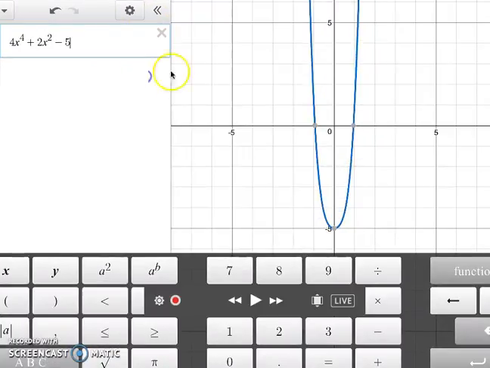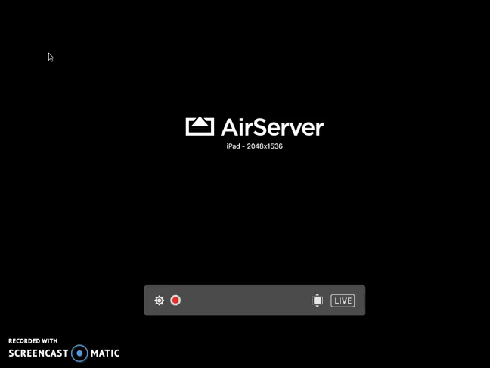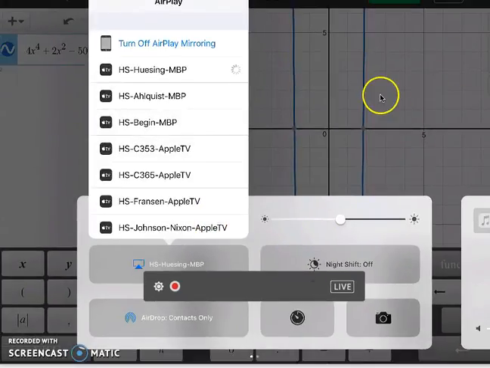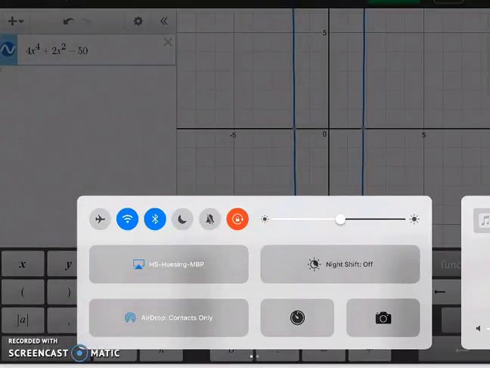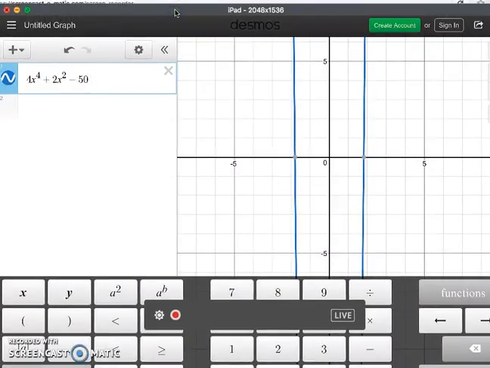So let's graph this one quickly here. All right. Is it going to come back up? Here we go. All right. So let's see here.